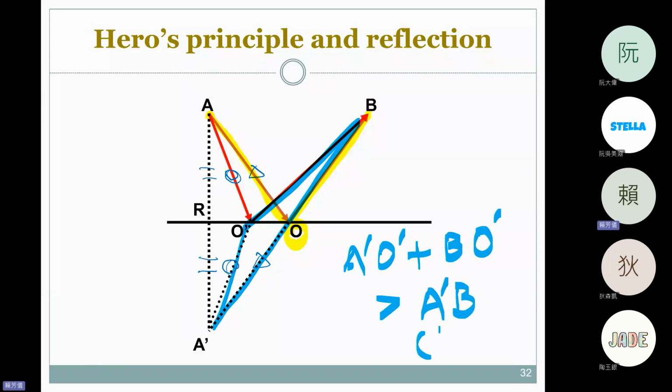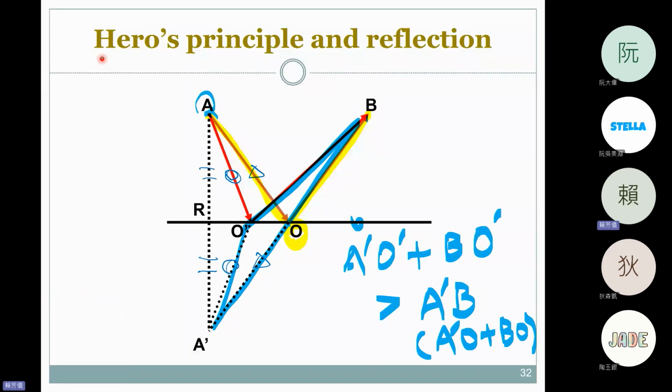Okay, A prime B actually will be A prime O plus BO, right? So using this, we can prove why the light, when it is reflected by this interface, should choose the AOB path.